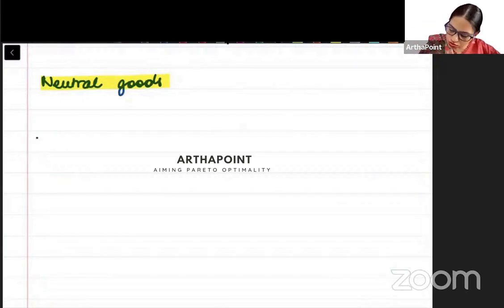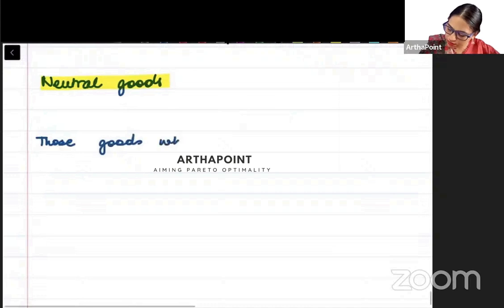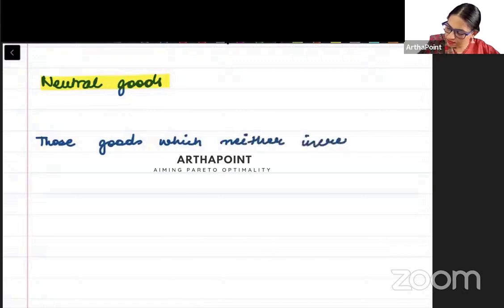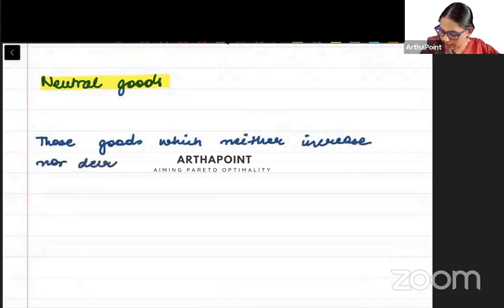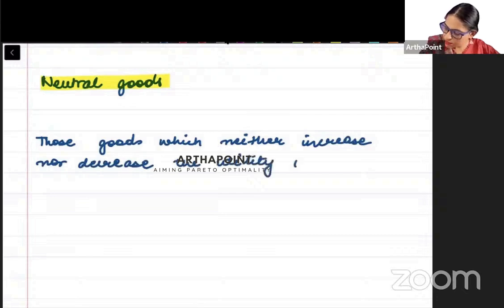So those goods which neither increase nor decrease the utility of the consumer.